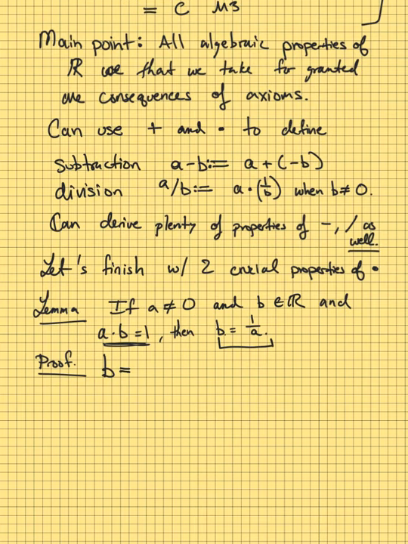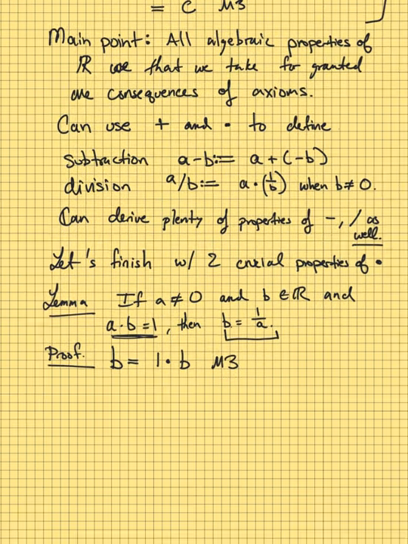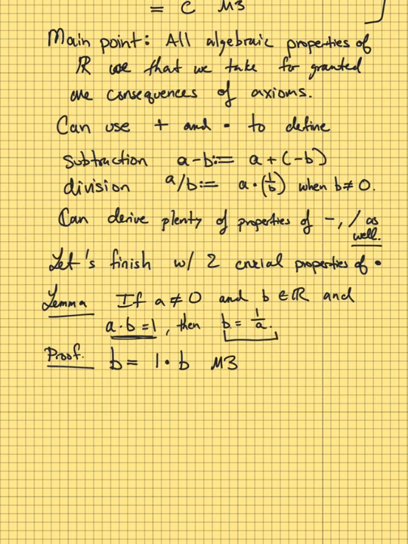You can have b, which is 1 times b, by the third axiom. Now that I've introduced a 1, I can say this is 1 over a times a times b by the fourth multiplication axiom.